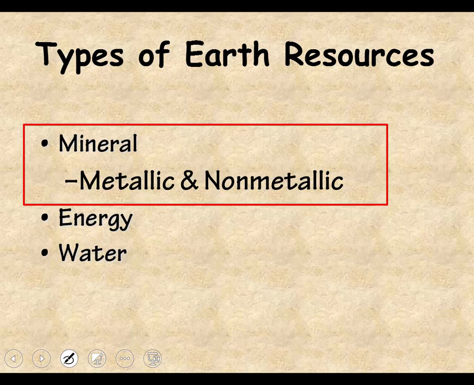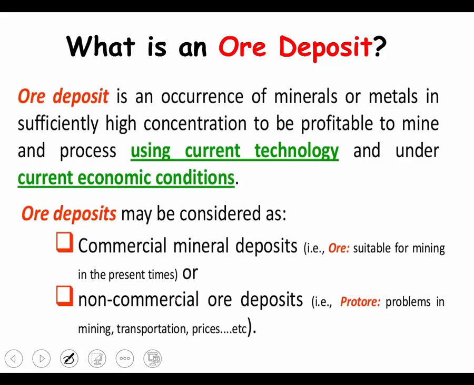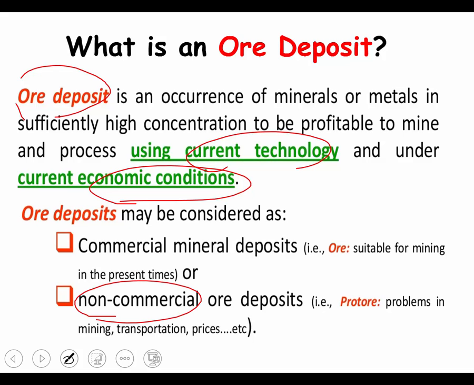When we talk about mineral resources, we're really interested in ore deposits. That's a mineral or a metal that we can produce using current technology and current economics, and I would add legal conditions. So an ore deposit is really simply a mineral or metal reserve. Now there are some non-commercial ore deposits that they sometimes call proto-ore.